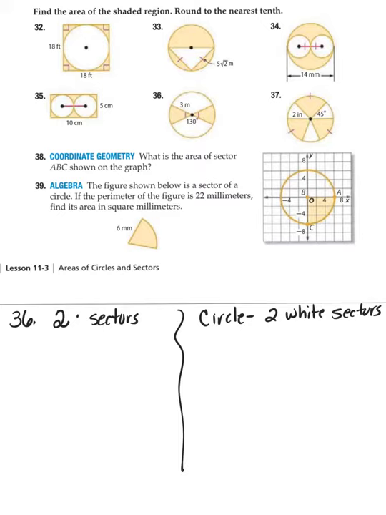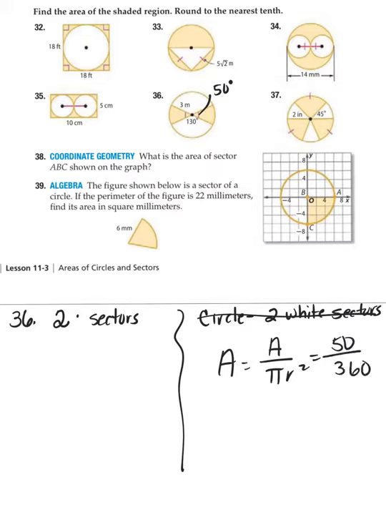So as I look at my drawing here, I know that my little red angles in there have to be 50 degrees because they form a linear pair with the 130. So we've got to remember our formula to find the area. Let's see if I can put it over here. The area of a sector is A, my area, over pi r squared equals x, my central angle, which in this case is going to be 50, over 360.